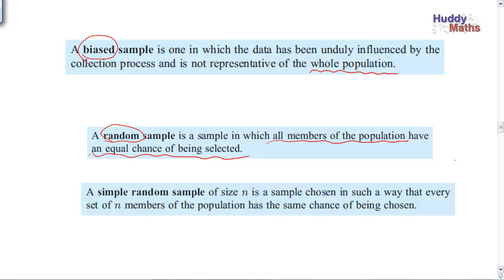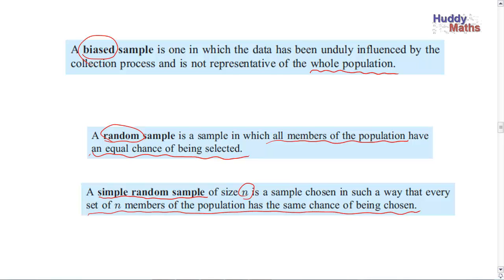A simple random sample is what we're going to talk about in this course. A simple random sample of size n is one in which every set of n members of the population has the same chance of being chosen. In other words, if you took one sample or another, they would give the same sort of results.